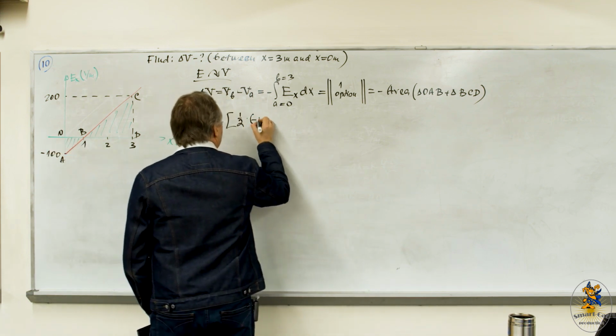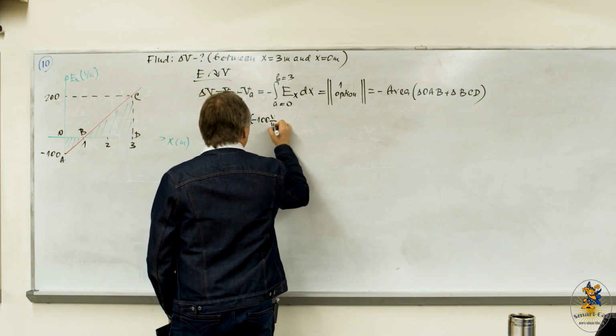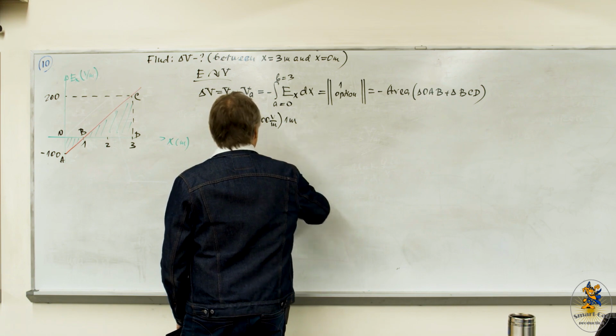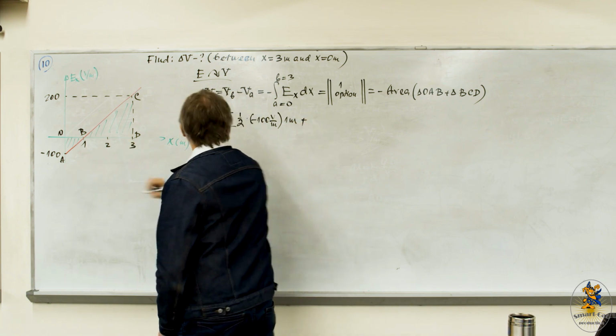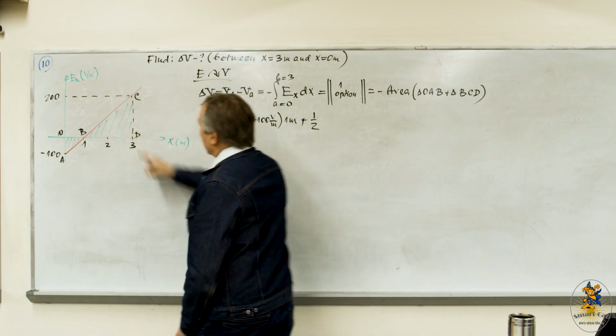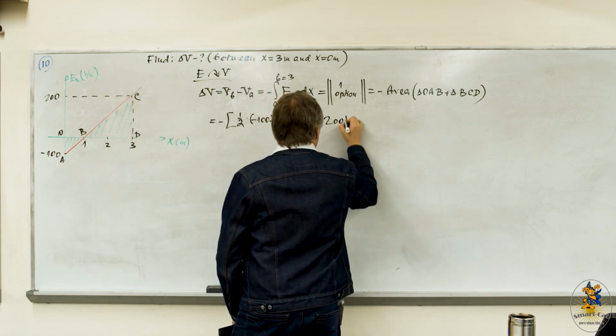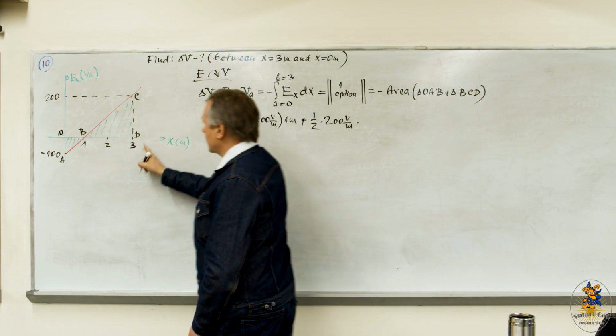So it's minus 100 volts per meter, and the base is 1 meter, right? So that's the first area plus the second area. Again, 1 over 2, the height is 200 volts per meter, and the base is 3 minus 1.